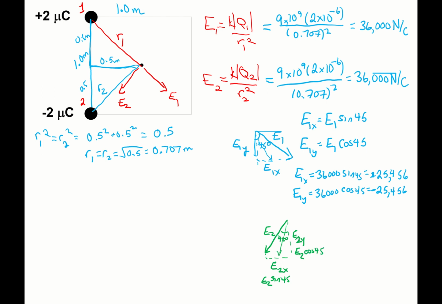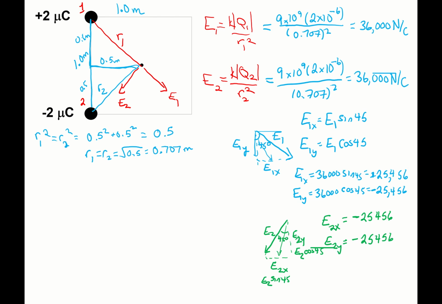Because E2 is the same size as E1, E2x is 25,456 again, and this time it's negative because it's going in the left direction. E2y is also negative because it's going down, 25,456.